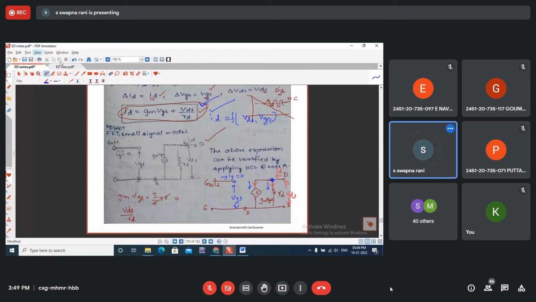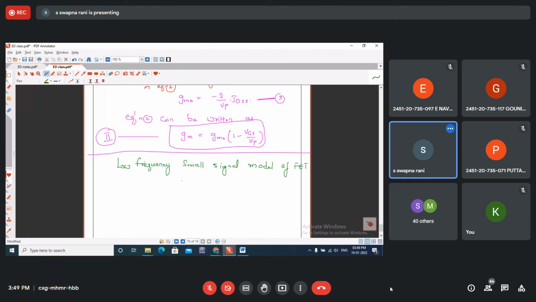Because if it is an N channel JFET, the gate will be P-type and we are going to give a negative potential to the gate. So VGS is going to be negative.